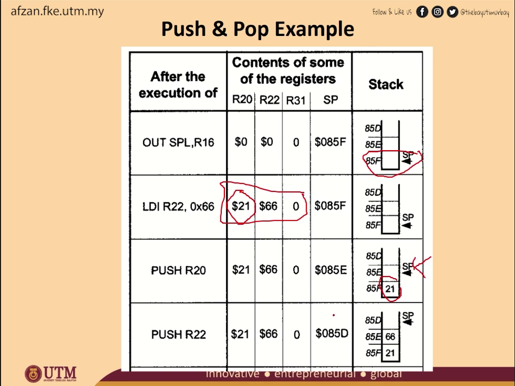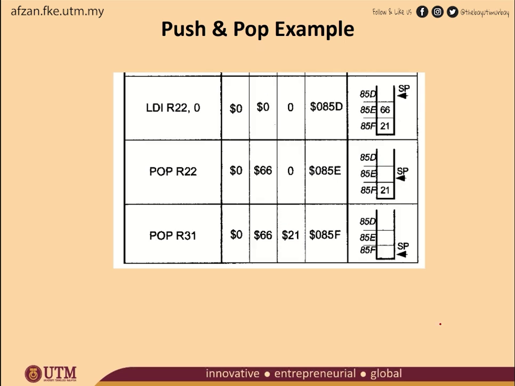Push R22 again, take the value from R22, put it to your stack, and the stack pointer is decremented by 1. Then you do load I R22 0, load I R20 0, so both become 0, and then you pop. Pop R22. What happens when you pop R22? The first value in the stack here is 66. You put it to R22. Actually, this 66 is still inside this address.